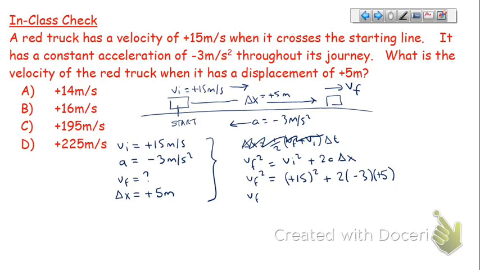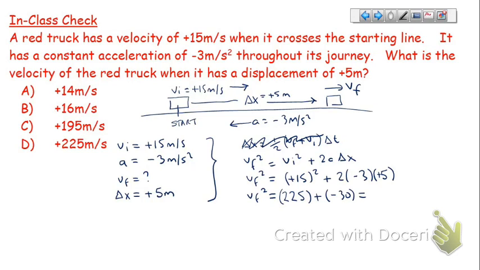So VF squared is going to equal 15 times 15. Got to get out my handy-dandy calculator. Sorry, 725? No, 225. Yes. Okay, I didn't need my calculator. Nice. Thank you. 225 added to, and let's worry about the sign of this. 3 2s are 6, 6 5s are minus 30.